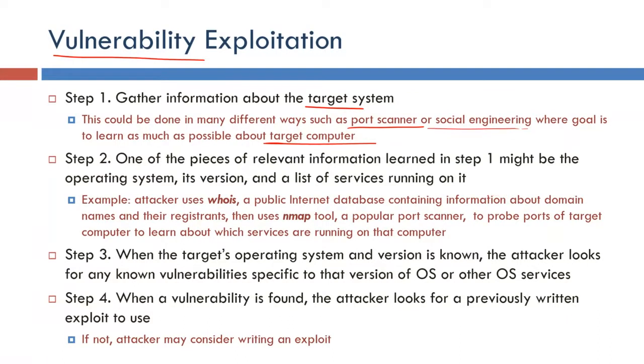You want to know exactly what this information is. So you try things like a port scanner from afar. If that computer has access to the internet, you try to reach it through a port scanner. A port scanner is a way of identifying the processes that are running on the computer.